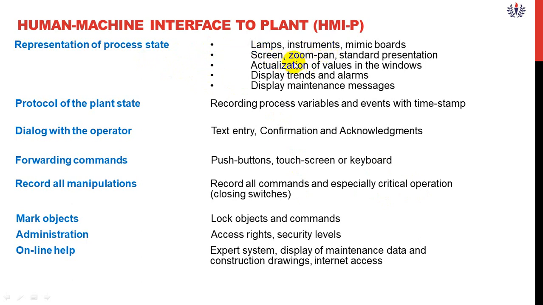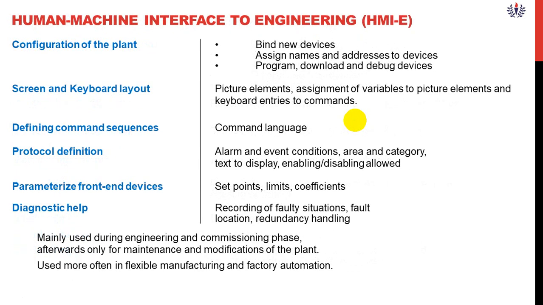They operate with screen, zoom and pan options. When I explain in the laboratory, you will understand this information. In engineering terms we call them picture elements and assignment of variables, because we have to design everything. Command language: what type of language you want to write, whether C, C++ or Java, we have to represent it.